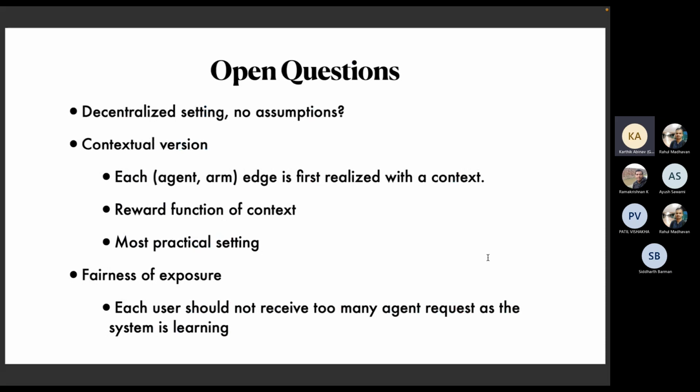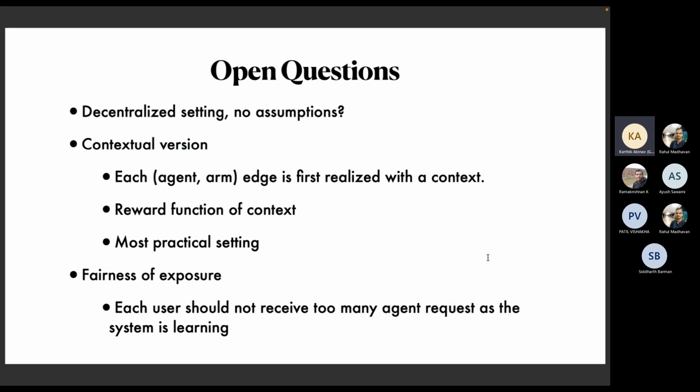Another flip side to all of these is something called fairness of exposure. We are viewing all of this from a platform side, and in particular the content side. On the user side, when you implement some of these things, each pull of an arm is equivalent to showing users some content and getting feedback from them.